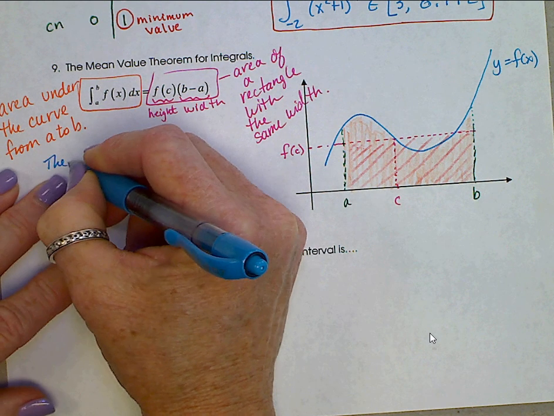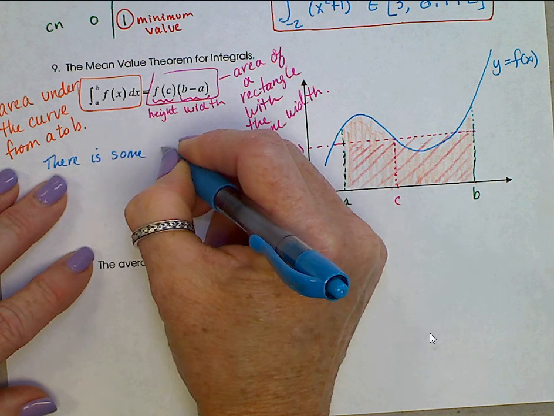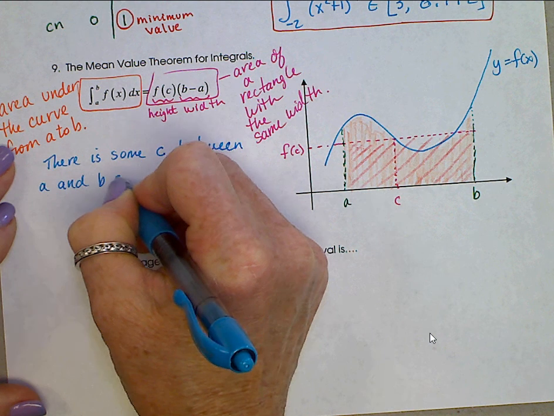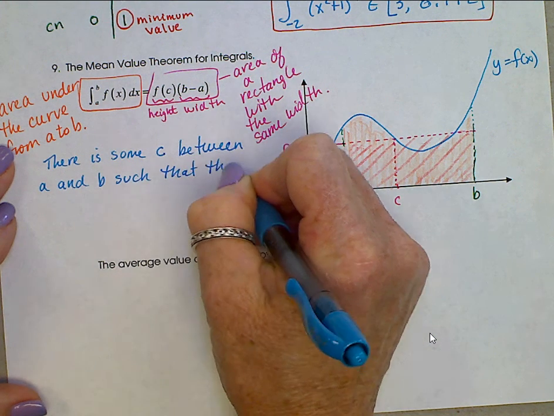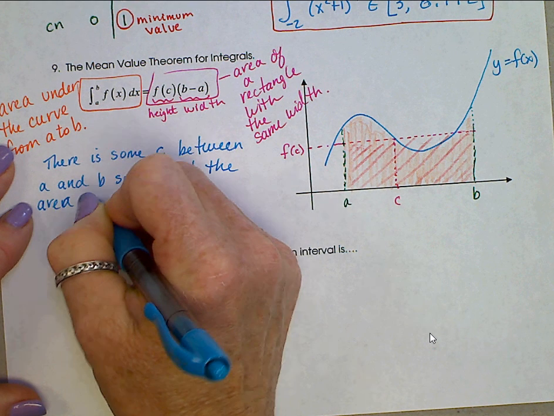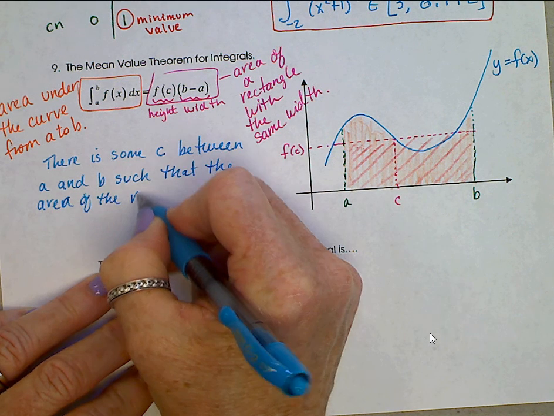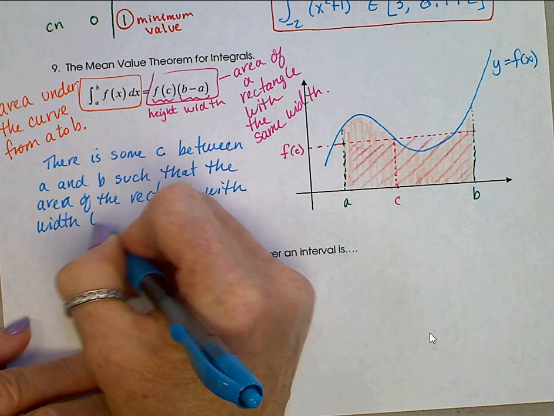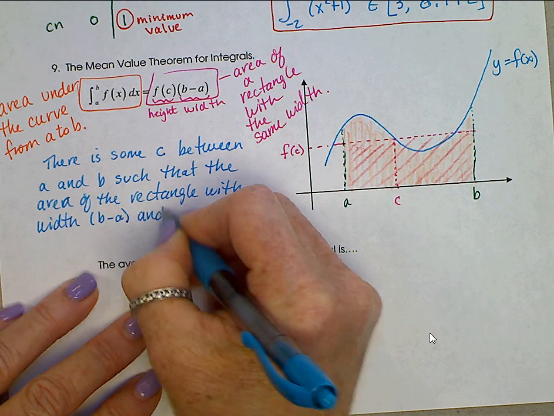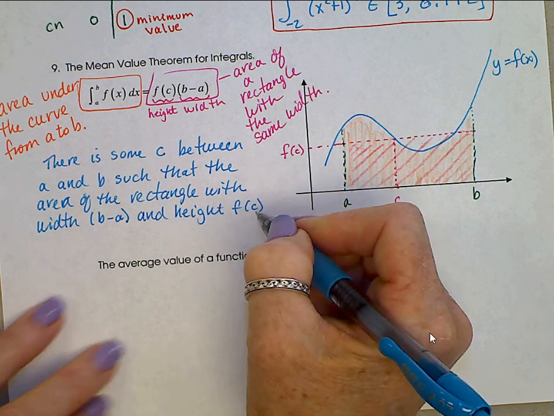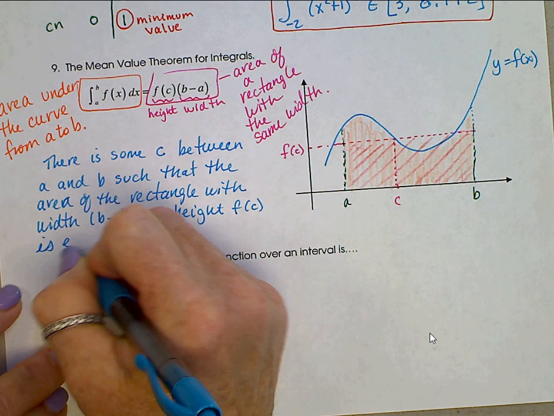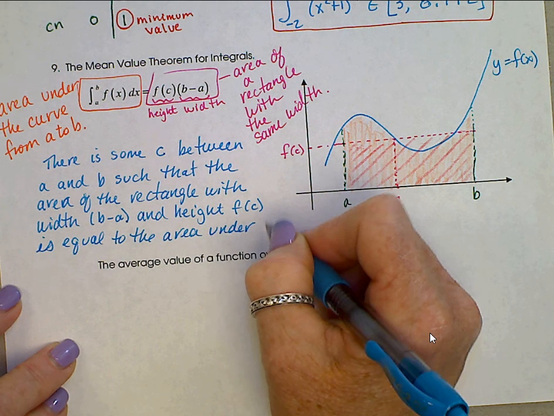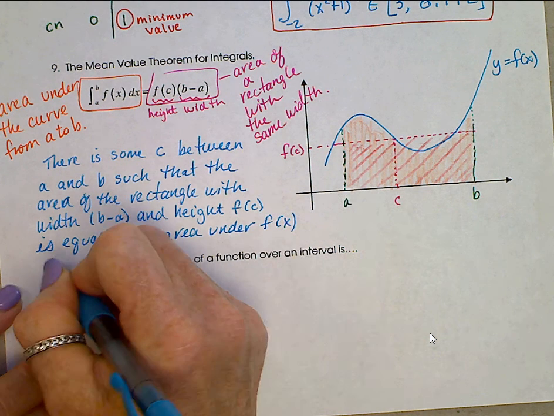It says that there is some c between a and b such that the area of the rectangle with width b minus a and height f of c is equal to the area under f of x on the same interval.